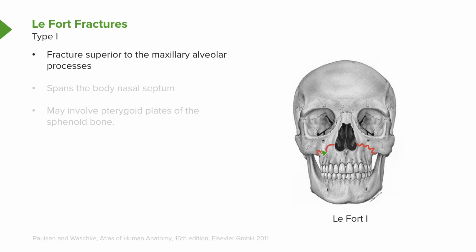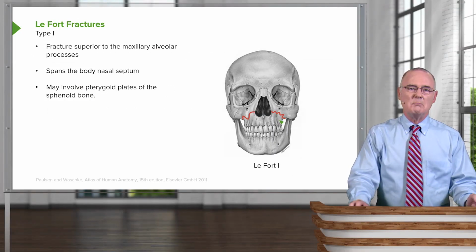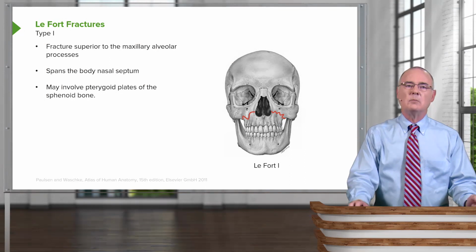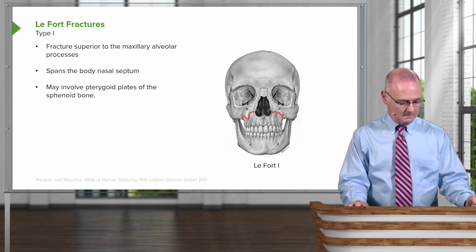This would be where the maxillary teeth are found in the maxilla itself. So we're looking at structures that would then span the nasal septum as you come across here, across the midface. And then this type of Lefort fracture may also involve the pterygoid plates that are features of the sphenoid bone.